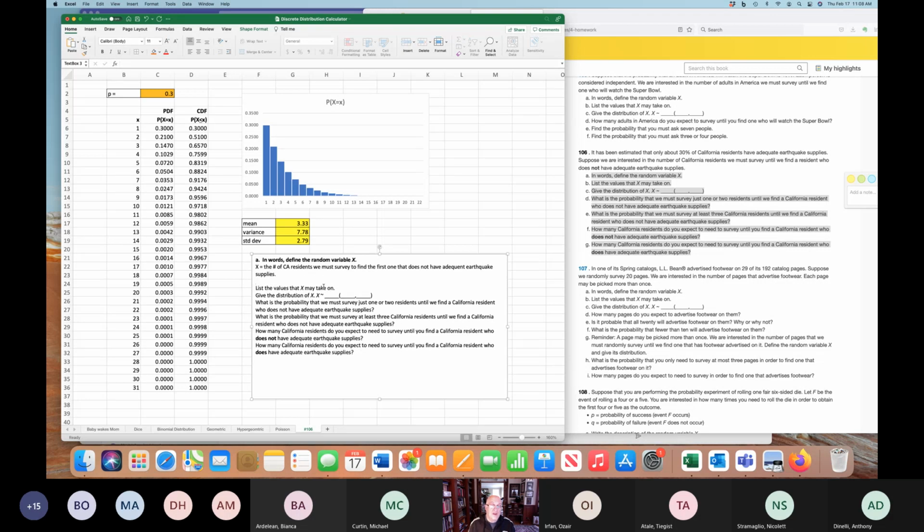Okay, that's good. List the values that X can take on. I would do it this way. This is open-ended, right?